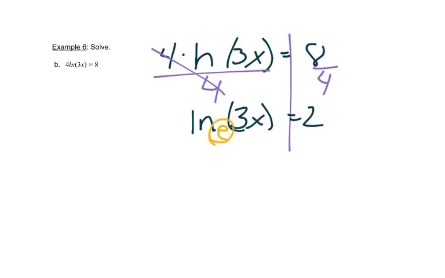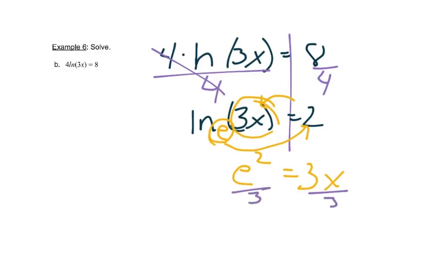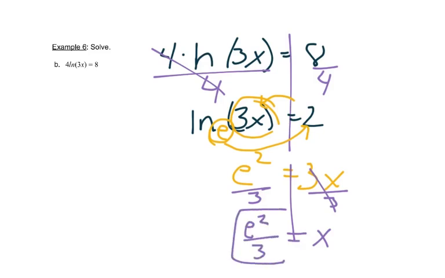So we'll start with that e. And then we go to the other side to get the 2. And that equals, we go back here to get this 3x. So we'll divide both sides by 3 to get x by itself. And that tells us this x is equal to e squared over 3. And that's the exact answer, or the solution set.